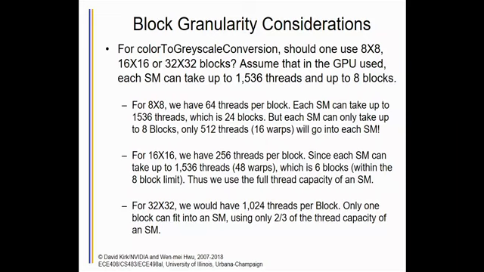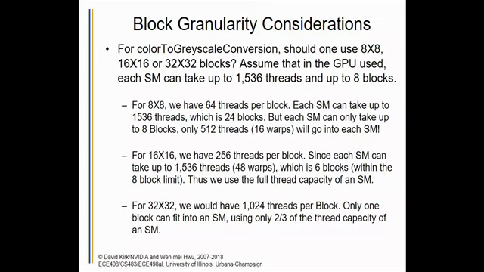So here, what we have taught so far is that you can assign up to a certain number of thread blocks into a streaming multiprocessor. We also told you that you can assign up to so many threads into a thread block, and up to so many threads into a streaming multiprocessor.